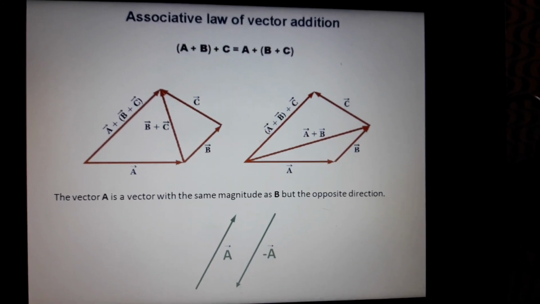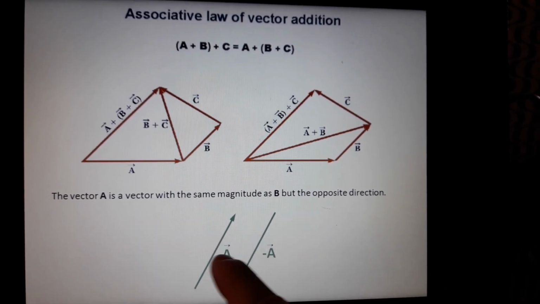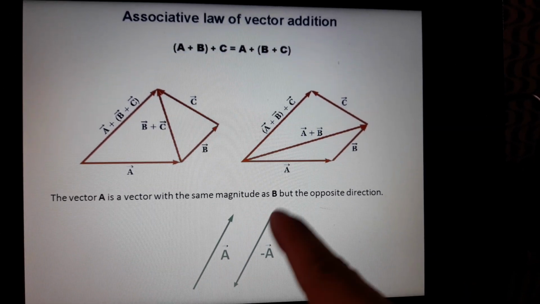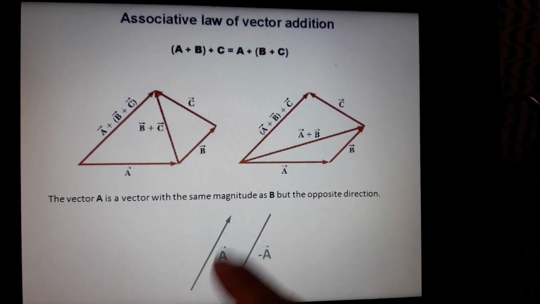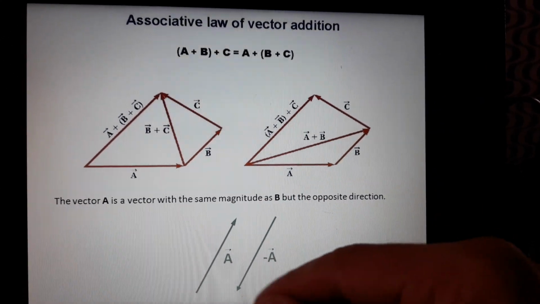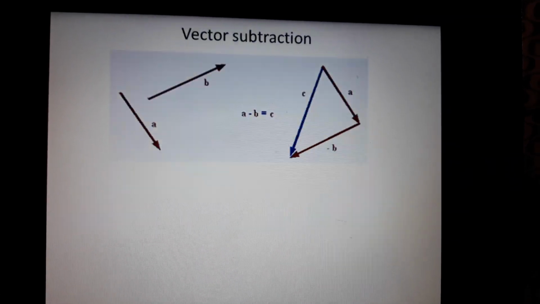We have the vector a, and we have the vector minus a. What is the difference? It is in the opposite direction. Here we have a and, in the opposite direction, minus a. So we have the opposite vector here.